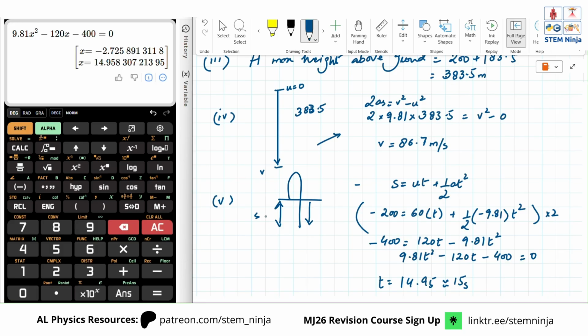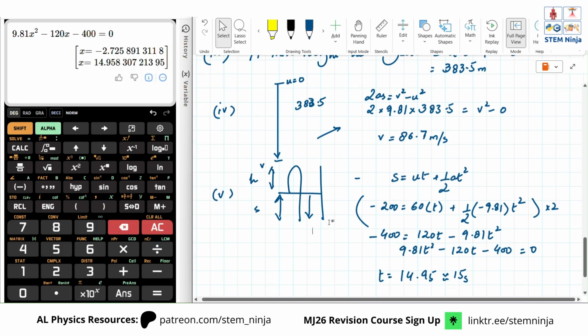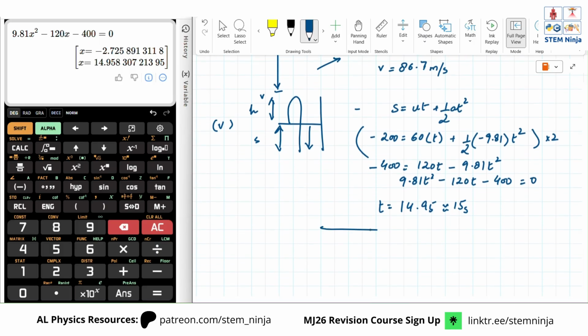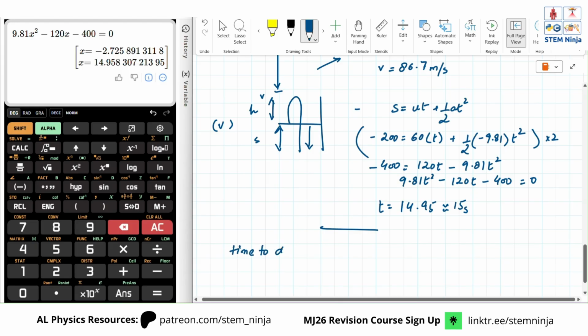We can do it another way. Since we already found the time to attain the height h, we can find out the time to drop from the maximum height also. So what we can do, time to drop from h.